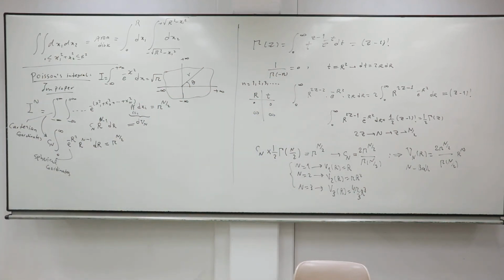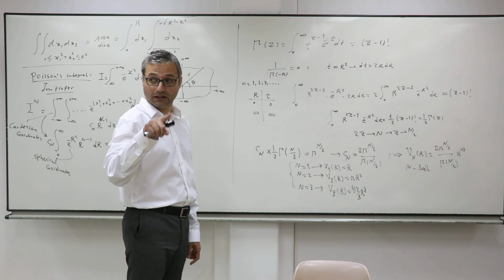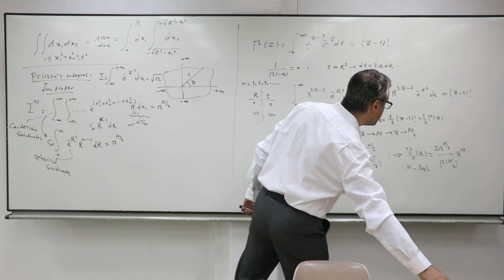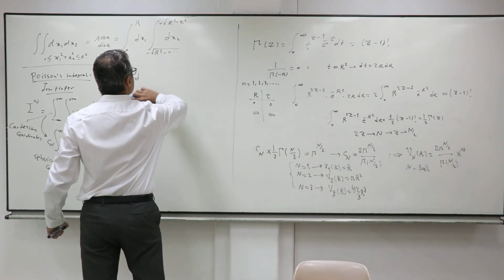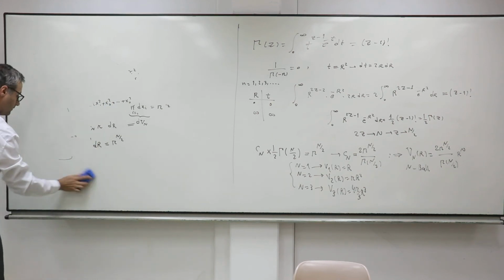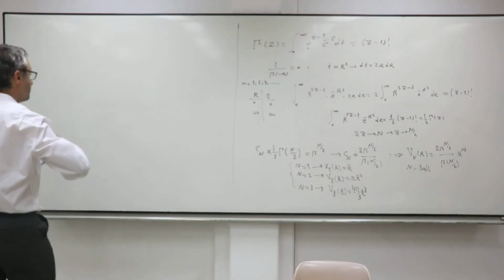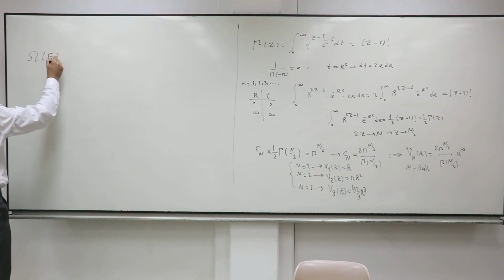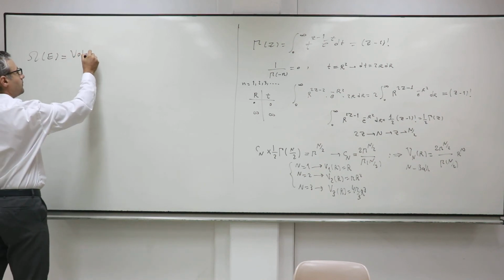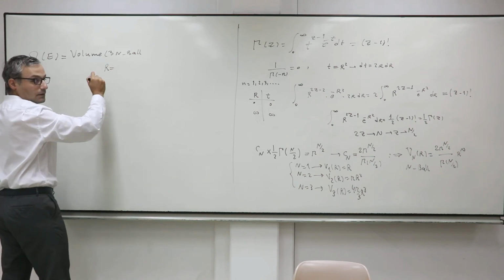In your case, in statistical mechanics, we have not n, we have 3n. So instead of n, I need to use 3n. So I can write for you now omega. Omega of E is the volume of the 3n-ball with radius, what is the radius?